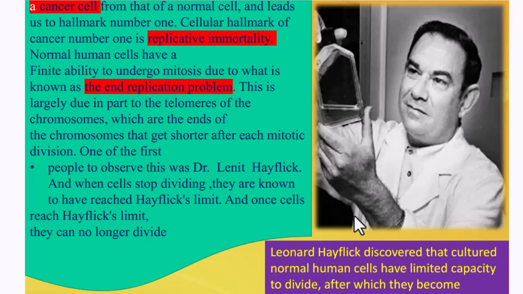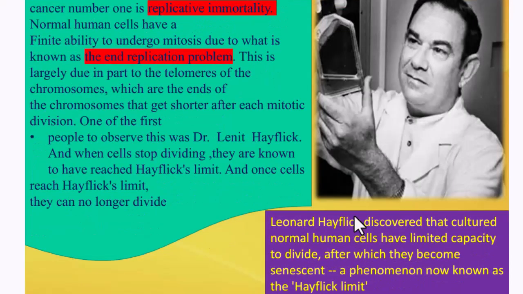What distinguishes a cancer cell from a normal cell leads us to the cellular hallmark of cancer number 1, replicative immortality. The normal human cell has a finite ability to undergo mitosis because of what is known as the end replication problem.